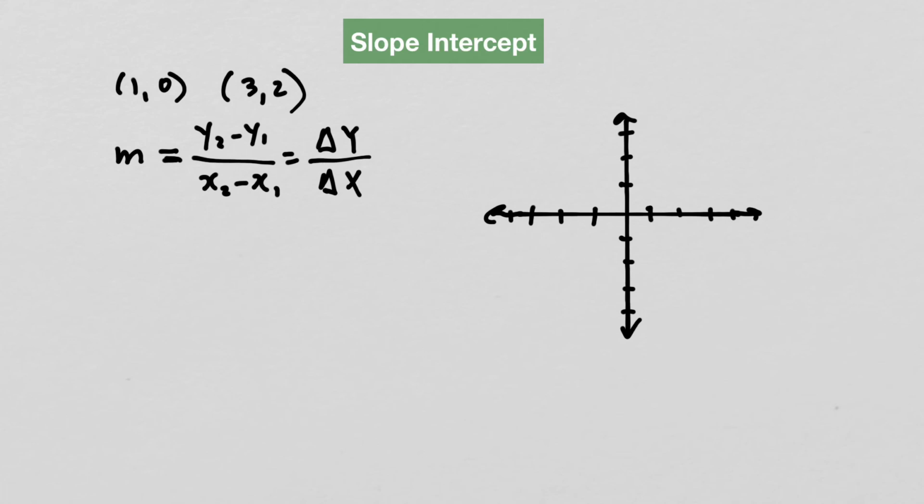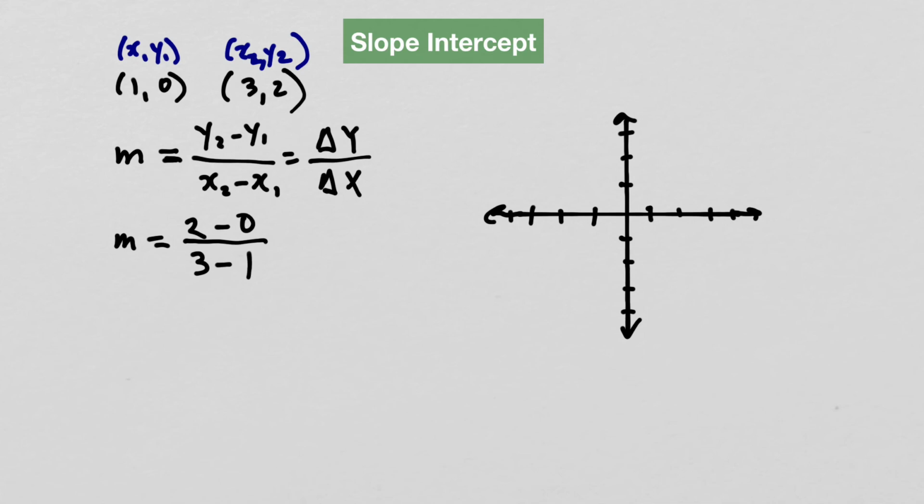If you are given 2 points, then we know that these are x1, y1, and this is x2, y2. So we plug those values into the equation, and we get m is equal to y2, which is 2, minus y1, which is 0, over x2, which is 3, minus x1, which is 1.